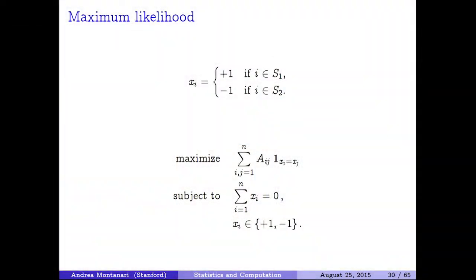equal, balanced. Okay, so if A is the adjacency matrix of the graph, you can write this in this way: you maximize the sum over i,j of A_ij times the indicator function of x_i equal to x_j, subject to these constraints.